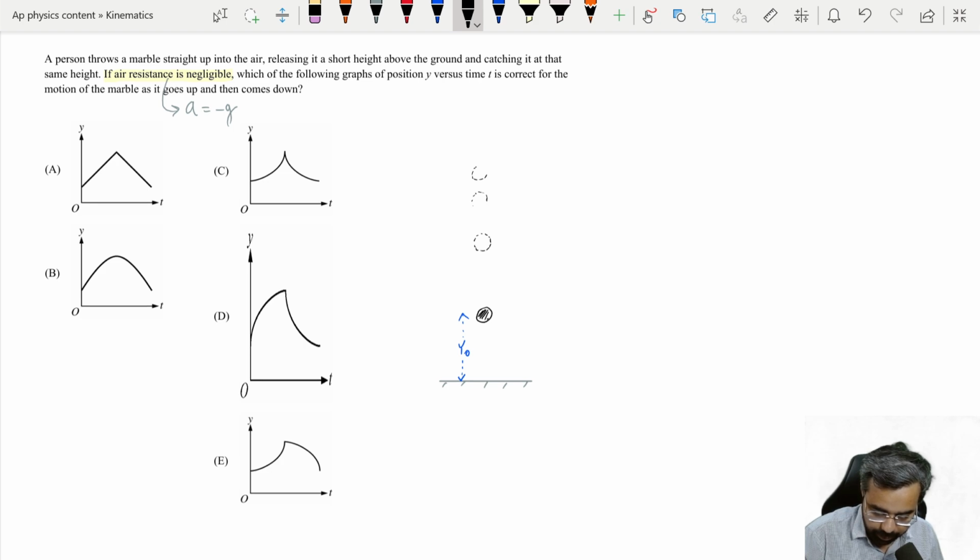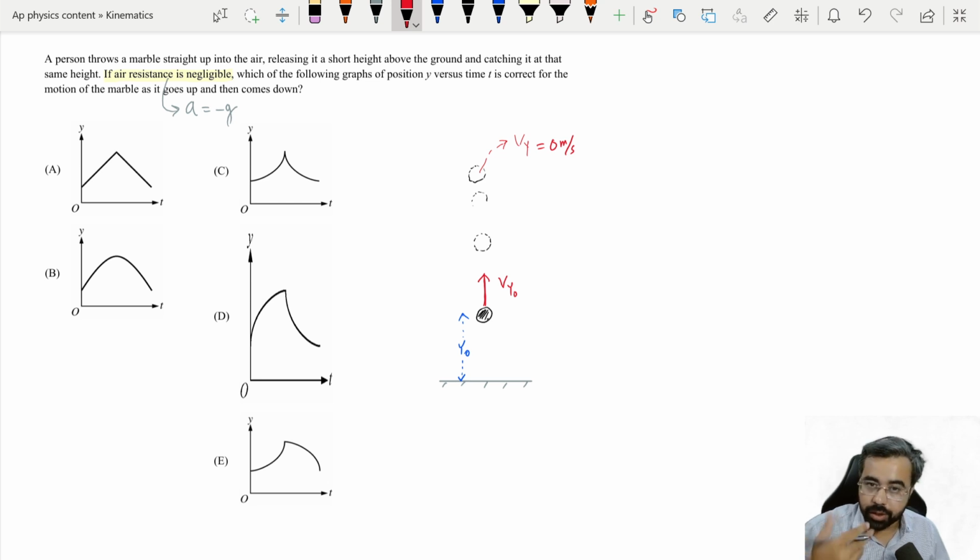Ultimately, the ball will be at rest at the maximum height. So this is a position where the ball's velocity is 0 meter per second. And at this point, the ball's velocity is maximum. So that is Vy0, which is maximum.